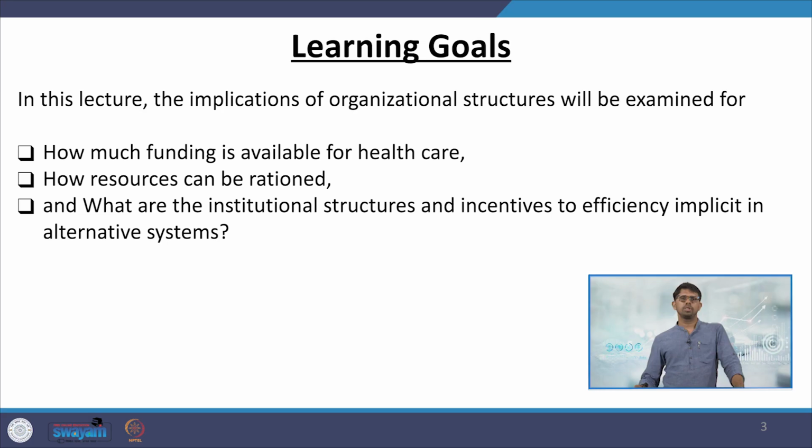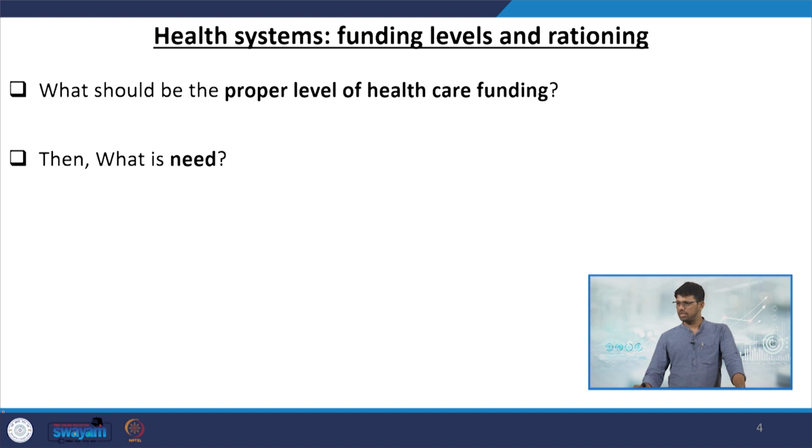In this lecture we will understand the organizational structure that is relevant for how much funding is actually available and how it is utilized, to what extent rationing is required, and what are the institutional structure and incentives that really shape the system better in terms of efficiency. Especially the incentive to efficiency implicit in the alternative systems is quite relevant.